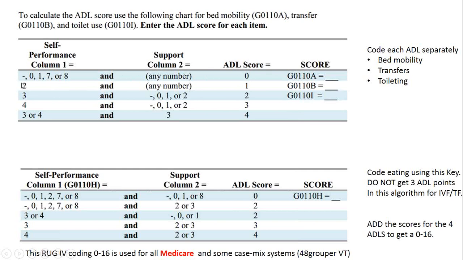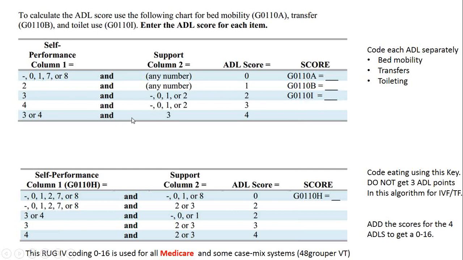If somebody is a 2, limited assist with bed mobility, transfer, and toileting, doesn't matter how many people assist them, you're only going to get 1 point. So if you have somebody as a 2 and coded as a 3 for 2 people helping them at any point, you're still only getting 1 point. It's not until you rise to the level of extensive assist, which is a 3, that it matters how many people we use. So if you're using 0, 1, or 2, meaning 1 person assist, you're going to get 2 points.